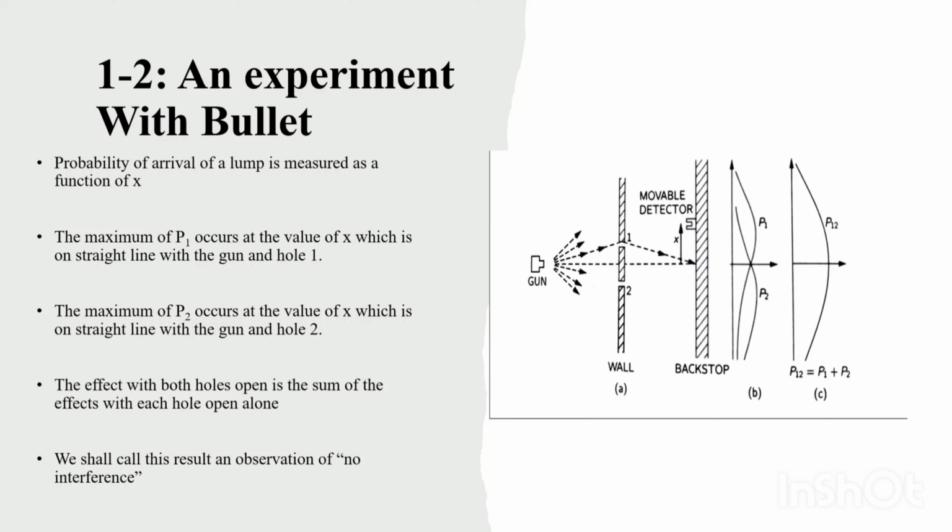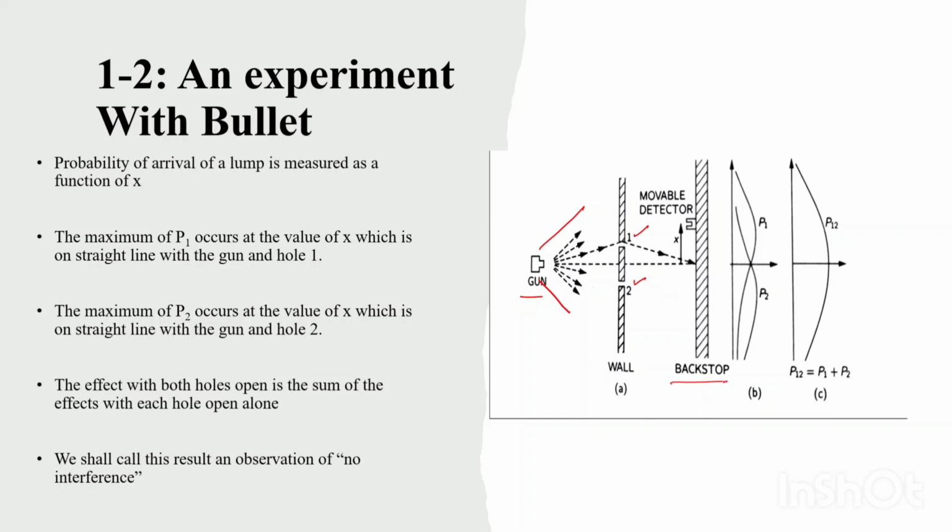For this experiment, we have a gun which rotates from here to here, and it fires bullets at a very slow rate. After that we have a wall over here having two holes, hole 1 and hole 2.